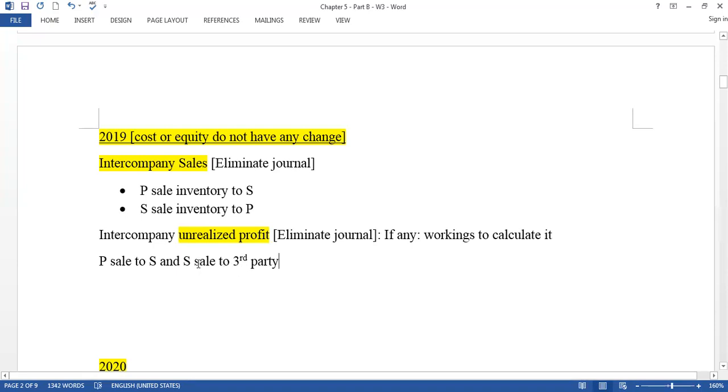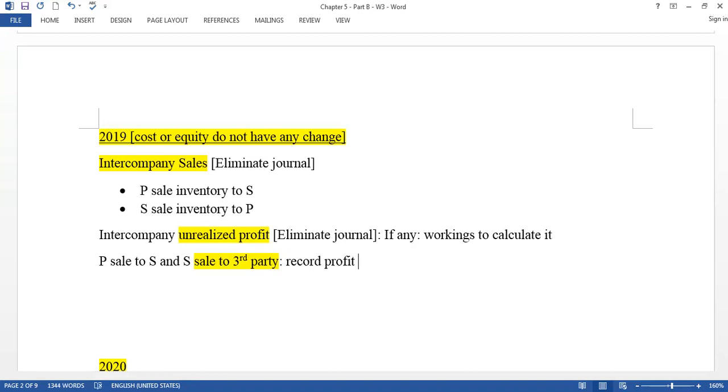So when a sale is made to a third party, S can sell it to the third party or P can sell it to the third party. It doesn't matter who sells it. Whether it is upstream or downstream does not mean anything. The main point is, if the sale is made with a third party outside the affiliated group, then we have to record profit.